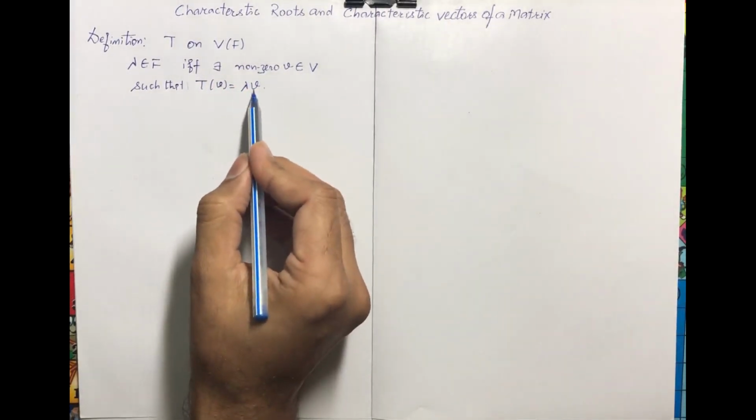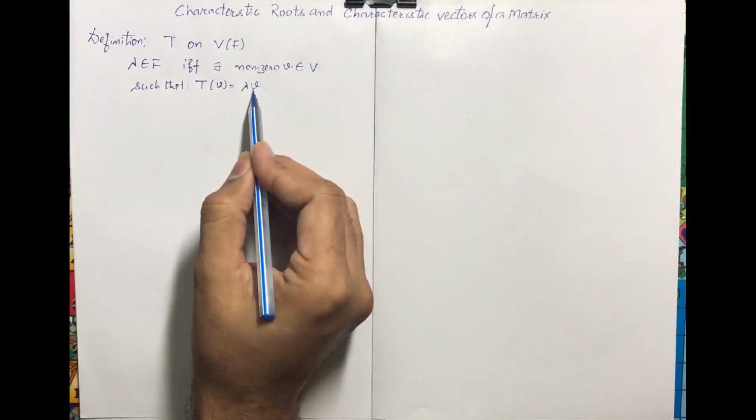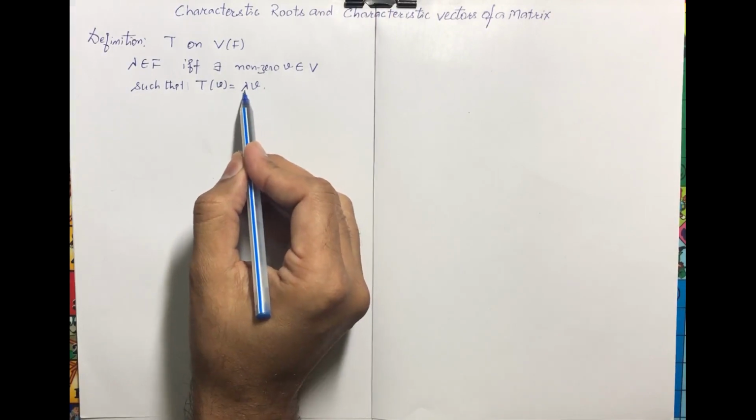Here v satisfying this is called a characteristic vector and lambda is called the characteristic root.